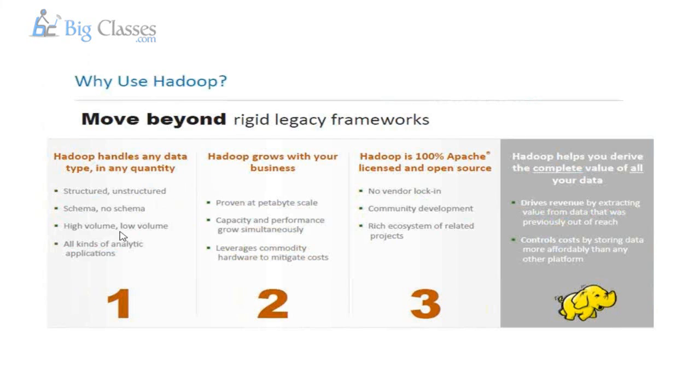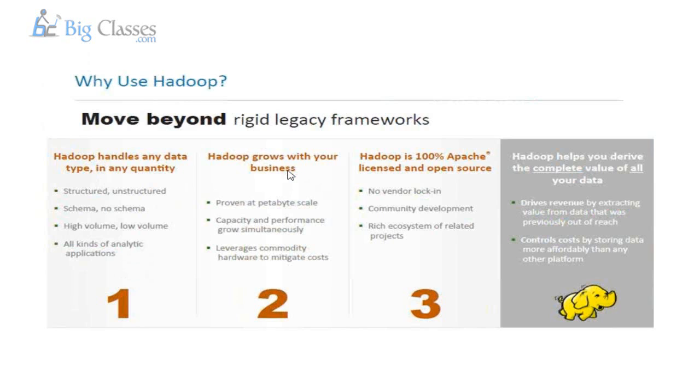For low volume I don't prefer to use Hadoop, but whatever the data might be, the volume of the data is not going to be the limit for Hadoop. It can also process all kinds of analytical applications. Got it?